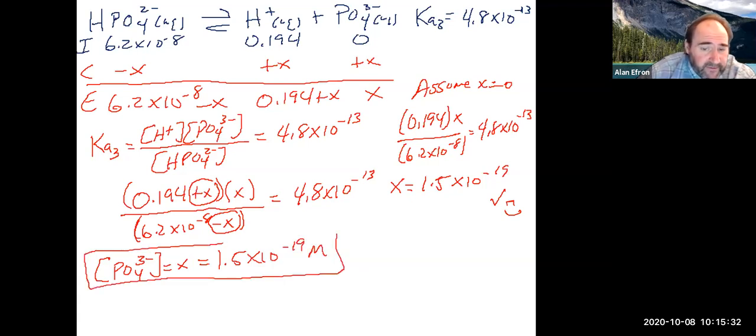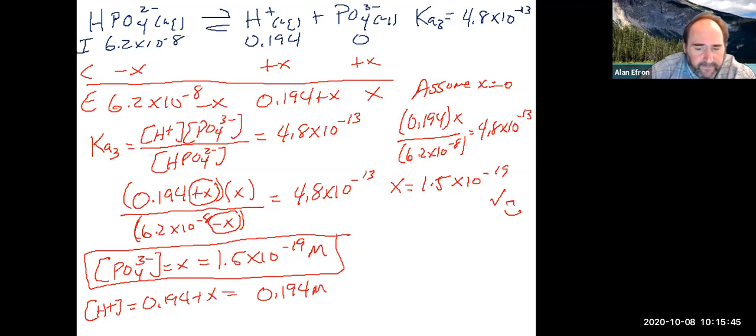Now, in terms of our H plus concentration, if you took H plus, which is 0.194, and you added it to x, you would again still get 0.194 molar.